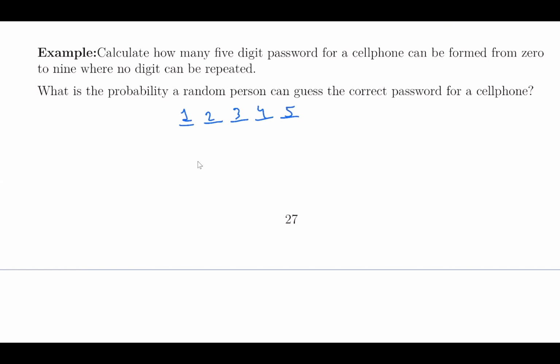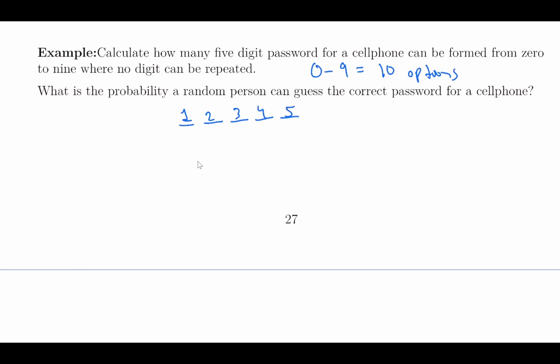So they tell us we could select any number from 0 to 9. So if I could select any number from 0 to 9, how many options do I have? Cool, 10. So we have 10 options. Okay, if you can't think about it, you go 0, 1, 2, 3, 4, 5, 6, 7, 8, 9.